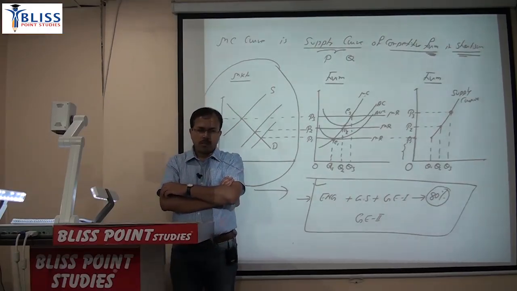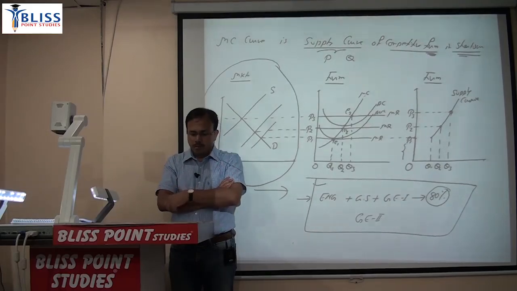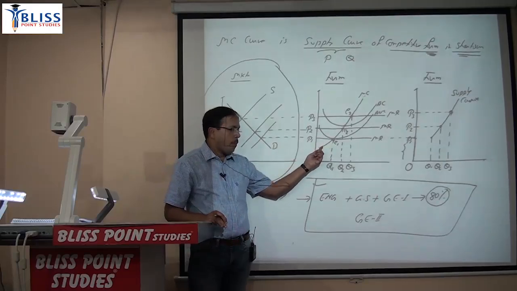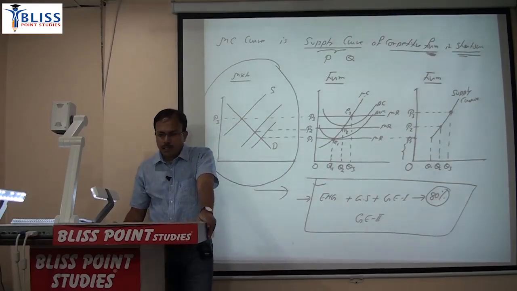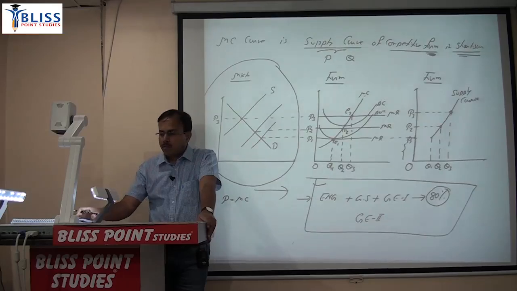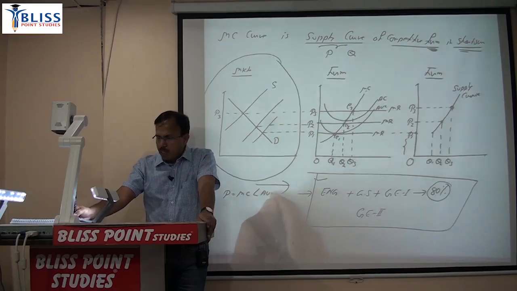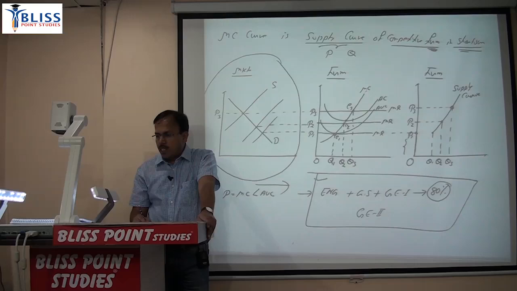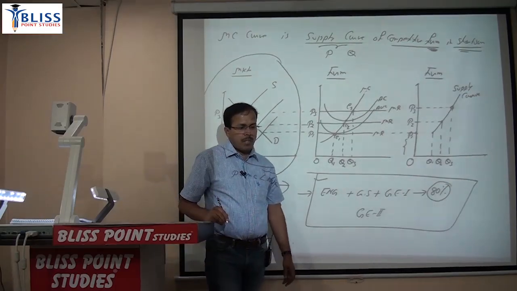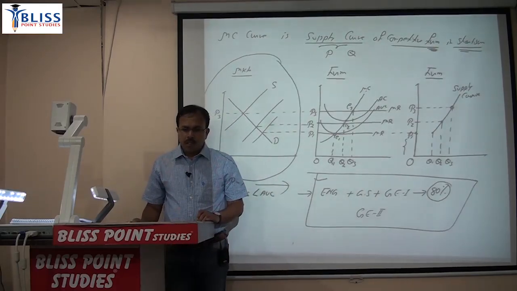This is because when marginal cost is less than AVC, equating price with MC implies that price will be less than AVC.